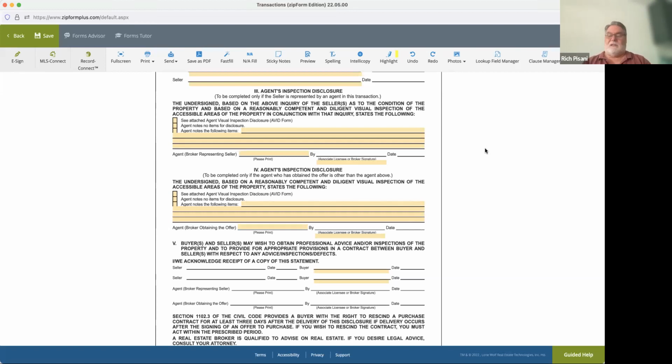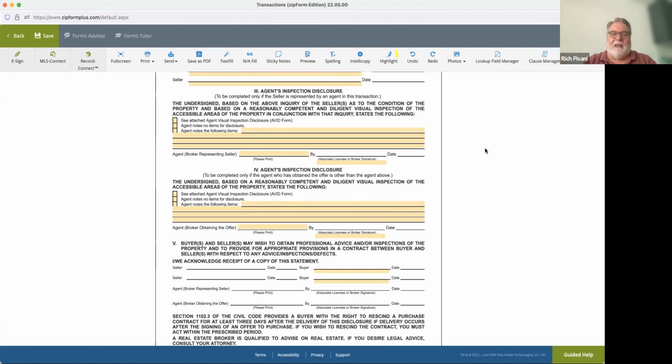If they don't do this, or they do it late, which a lot of agents do, saying, oh, I'll do it on the final walkthrough, or I'll do it when the inspection comes, even though this TDS is required to be sent to the buyer by default in 7 days, but the agent waits till day 10, maybe 12, whatever it is. So until both of these forms are together, this is not complete.